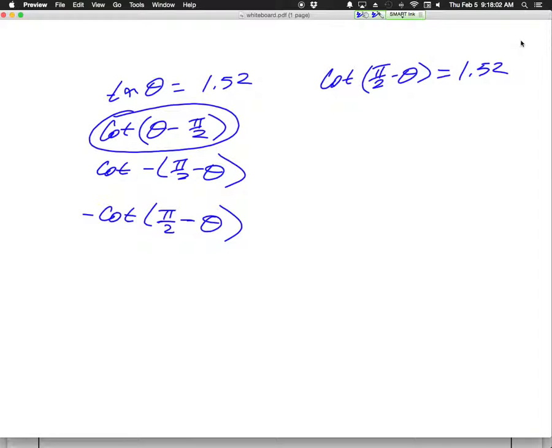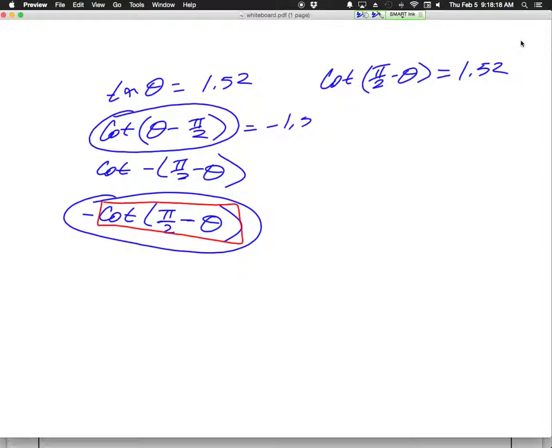This is the same thing as this. And what do I know that is equal to? 1.52. So that means cotangent of theta minus pi over 2 is going to be equal to negative 1.52. Okay. So that's how you work those problems.